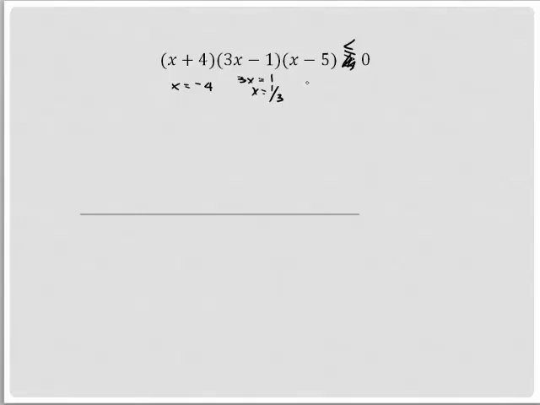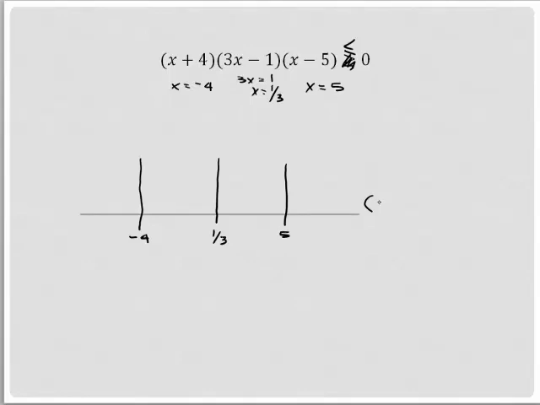x equals 1/3. And x equals 5. So let's see, I've got a -4 way over here. I've got a 1/3 here. And I've got a 5 here.